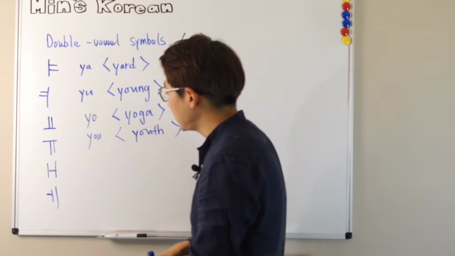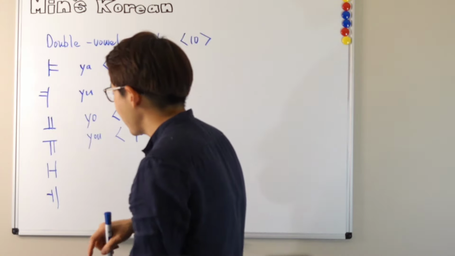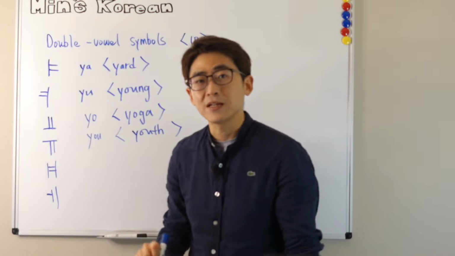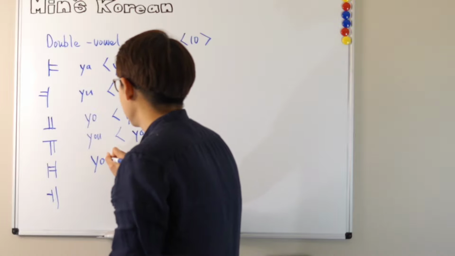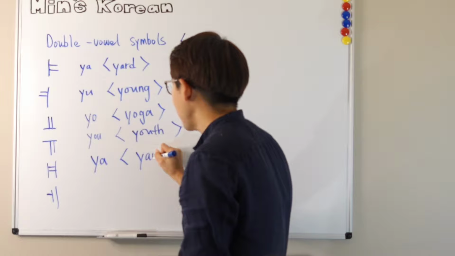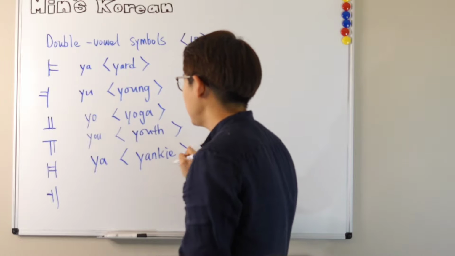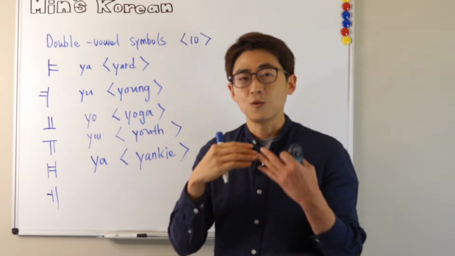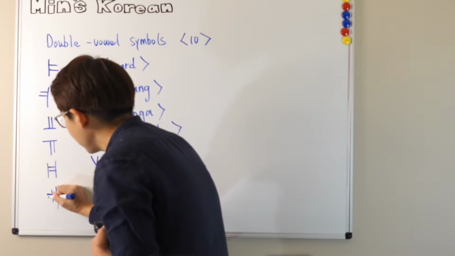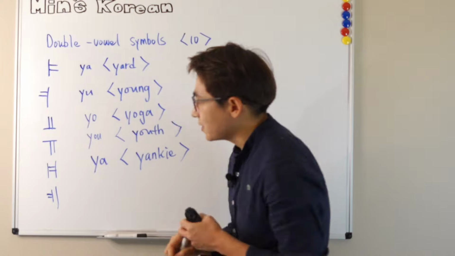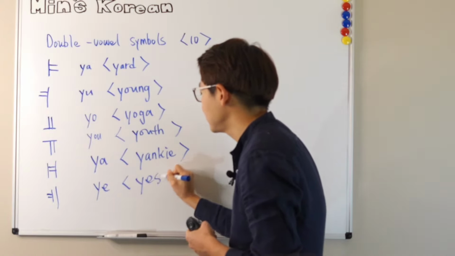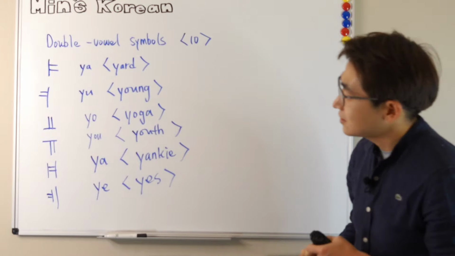Okay, and the next one we have is the same vowel, but just by adding one more stroke right there, it becomes ya, Yankee, Yankee. Okay, it's wide A. And the next we have yeo, but it becomes ye, and yes.